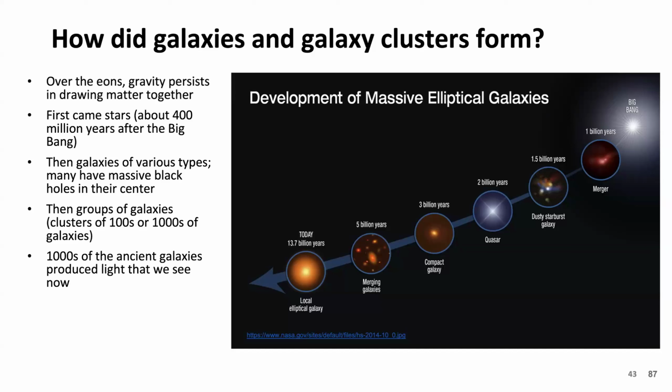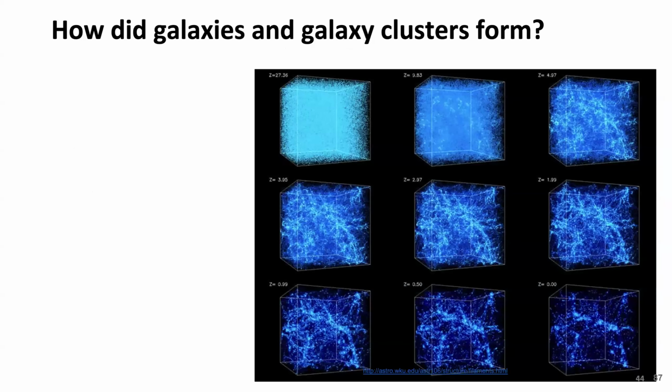Here's some business about evolution of galaxies. Here's an even more specific computer simulation of a uniform distribution of galactic nuclei at very large distances. This is when Z is big, you're looking way back in time to the early universe, and you see that it goes from 27 to 9 to 5 to 3 to 4 and so forth.